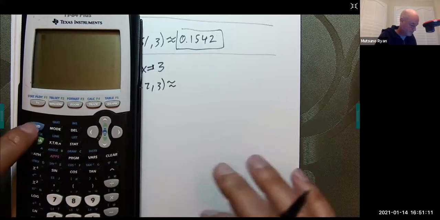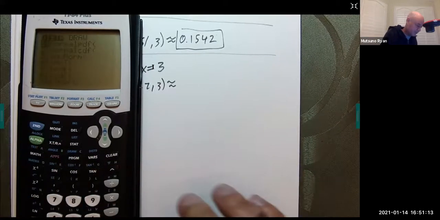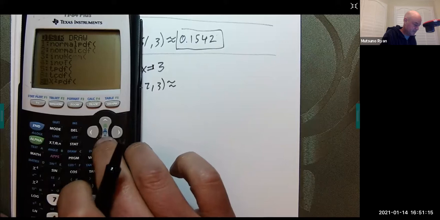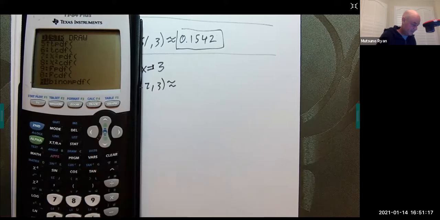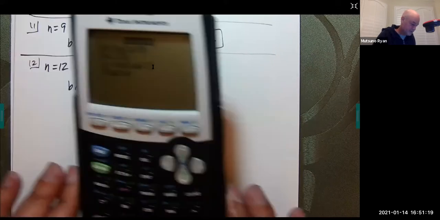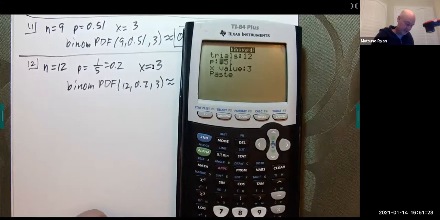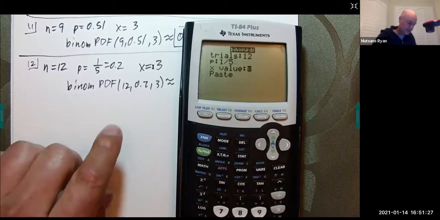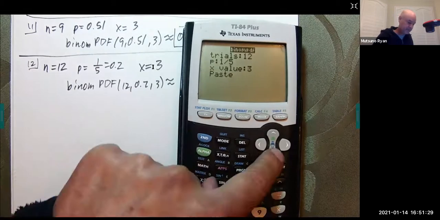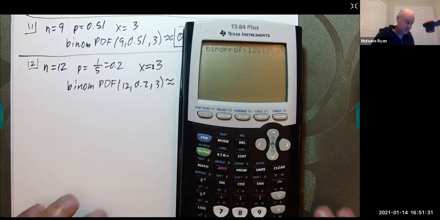Oh, hit the wrong button. There we go. Scroll down. Binom PDF again. Trials is 12. Watch, I can put directly 1 divided by 5, in case you didn't want to calculate that. X is 3 again. Paste.